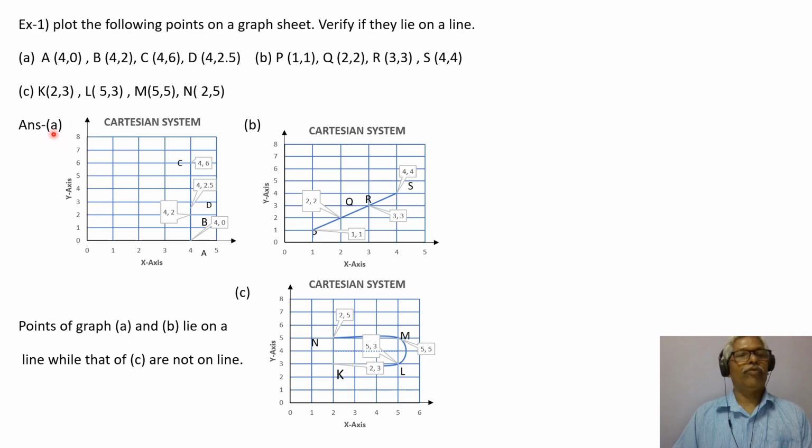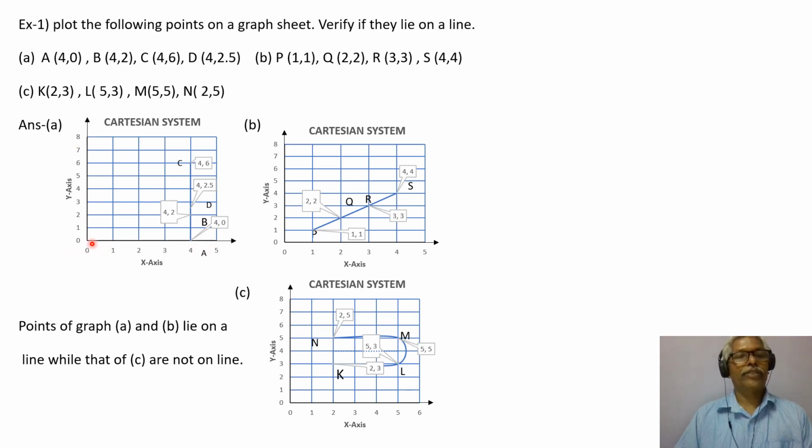Okay, answer for A. This is a Cartesian system. X-axis, horizontal axis, perpendicular to this is y-axis. Then choose some suitable scale, and then mark these points at equal distances 1, 2, 3 like that.